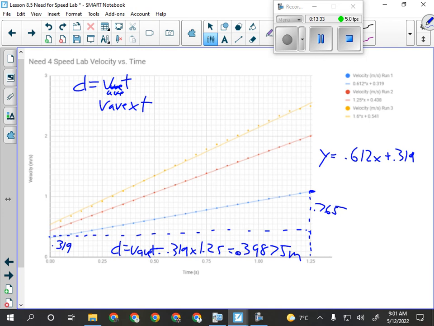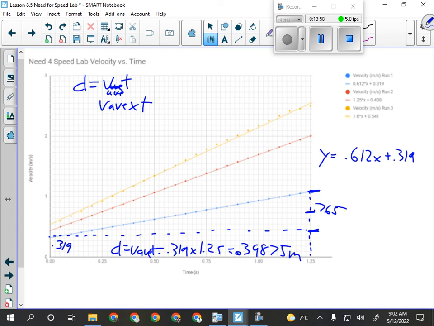Okay, now that I know the height of my triangle, I can calculate the area of my triangle. And that's still going to be average velocity times time, because it's going to increase in velocity from this value to this value, which means its average is right smack in the middle, which is why I always divide the height of a triangle by 2 when I calculate its area.